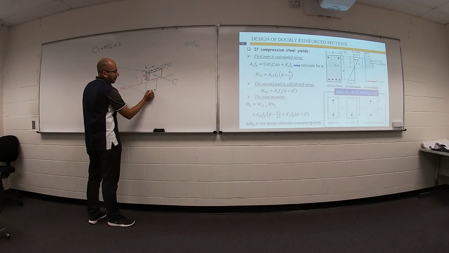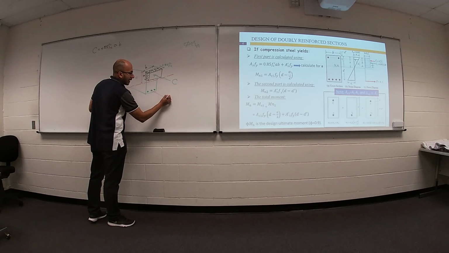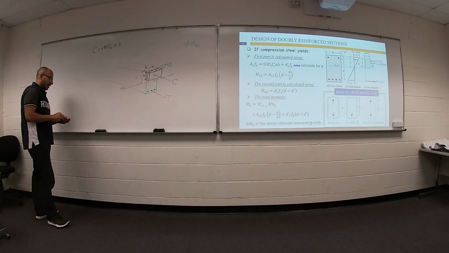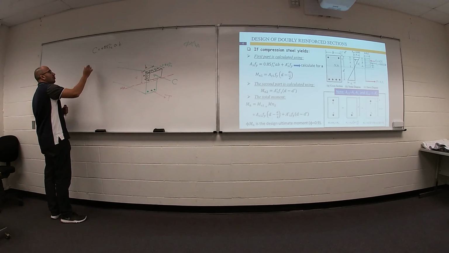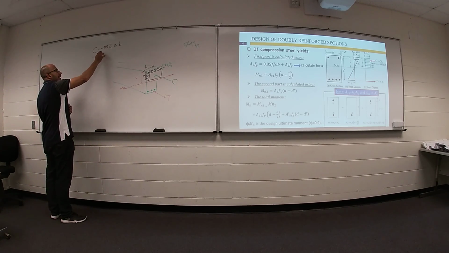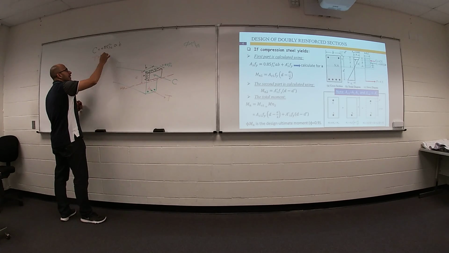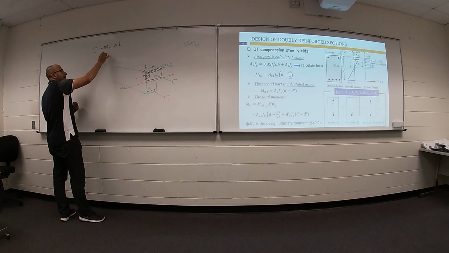We have tension, capital T, in your bottom reinforcement. Can anybody remind me what is the value of T? Yeah, area steel at bottom times f yield.